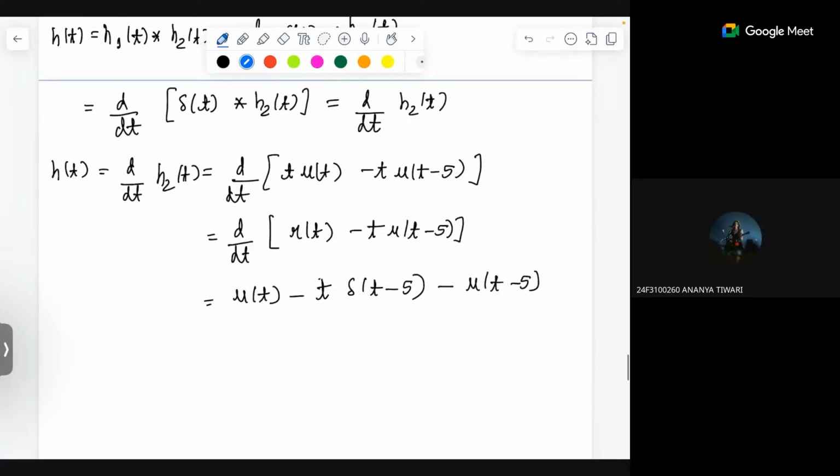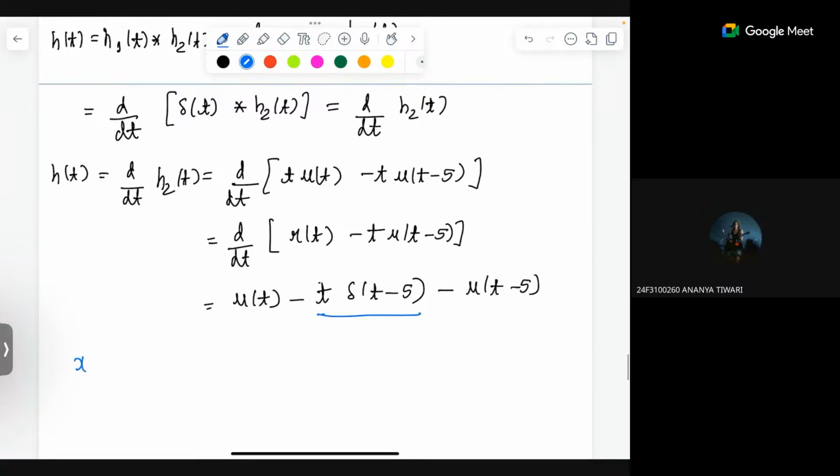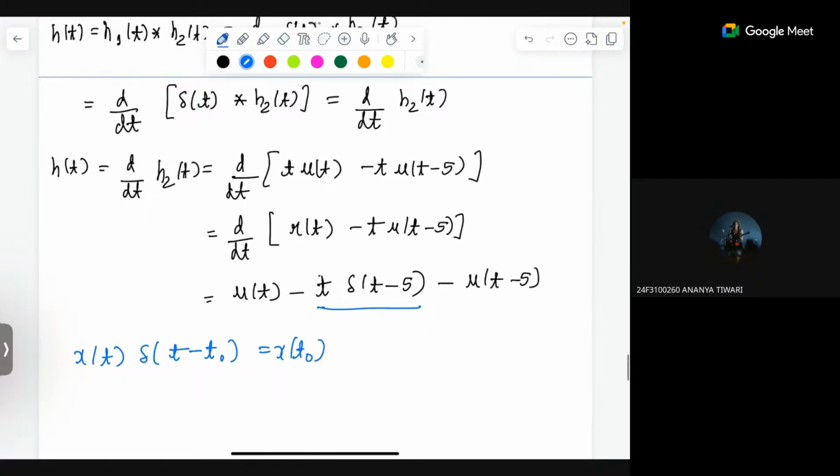Now let us look at this term. When any function is multiplied with delta, what do we get? If you remember, x of t delta of t minus t naught, we will get x of t naught, right? You remember this property of delta? Yes, ma'am.